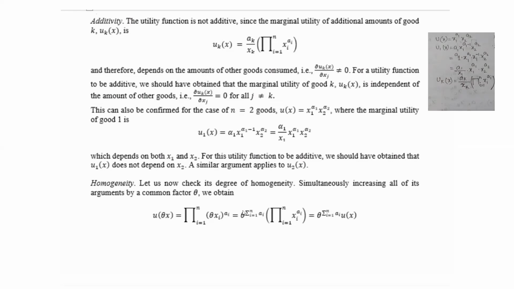So here the powers a1 plus a2 and so on are summed up, and we present this by summation of ai. And here we get the main utility function. So by this, theta to the power summation of ai into u of x.